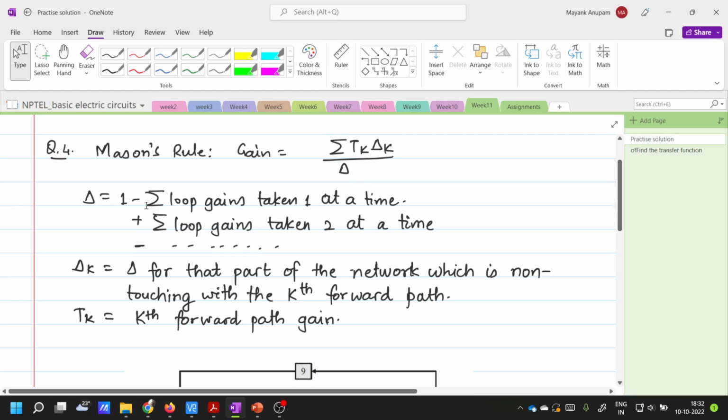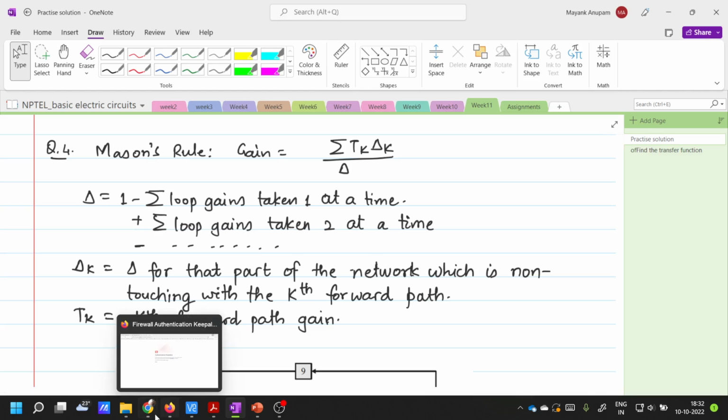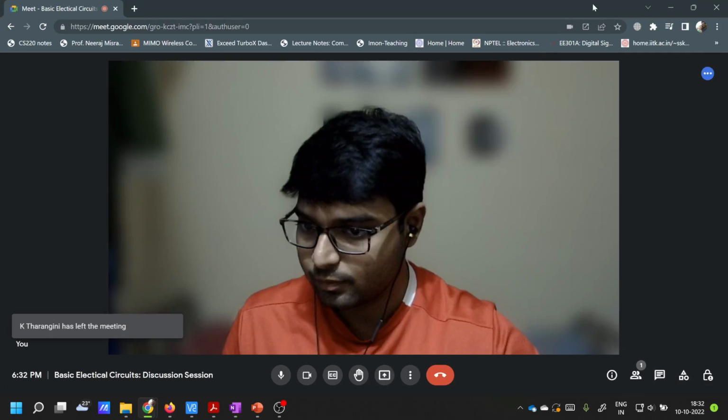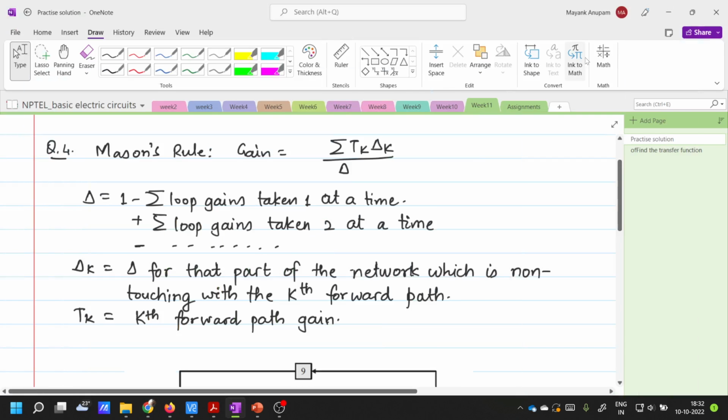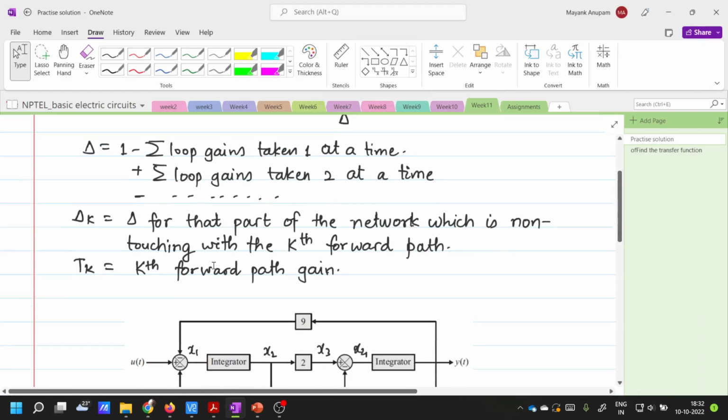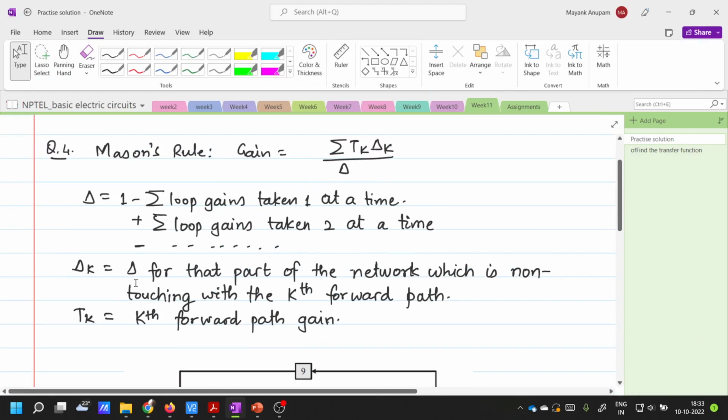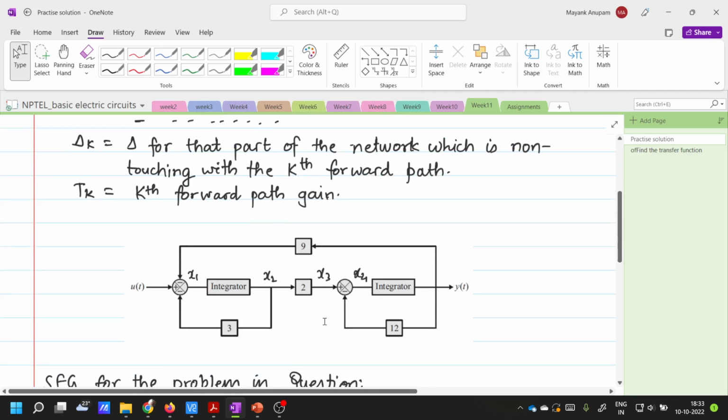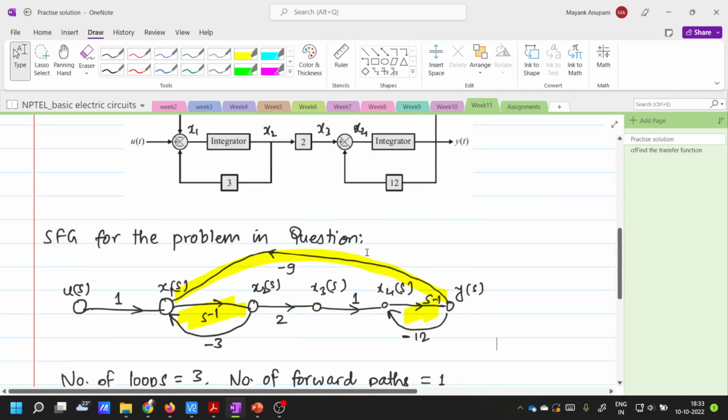So remember, this is 1 minus the summation of all the loop gains taken one at a time, then plus the summation of loop gains taken 2 at a time, then minus, and you go on like this. And what is delta k? Delta k is delta for that part of the network which is non-touching with the kth forward path, right? So that is delta k. Fine. And tk is the kth forward path gain.